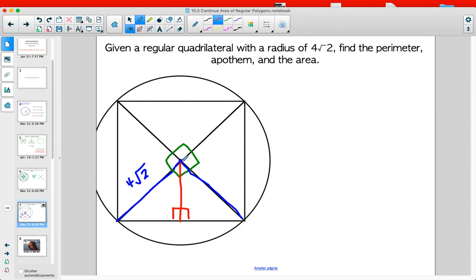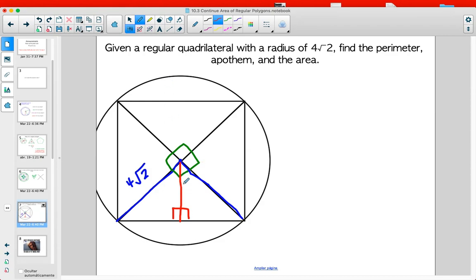I could have also drawn in this apothem over here, and now the base is this side, and the apothem would be perpendicular. Again, I could have also drawn it up here, but we do not need to, because as stated earlier, all these four apothems are going to be congruent. Here's the fourth one, but we do not need it. So we're only going to focus on this bottom one for now. So I'm going to erase the other ones just so that we have less clutter.